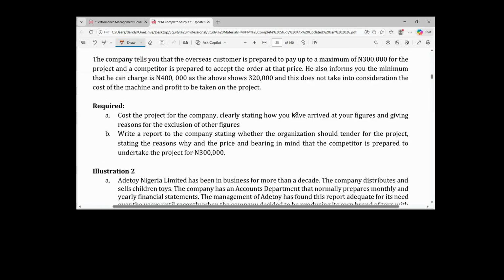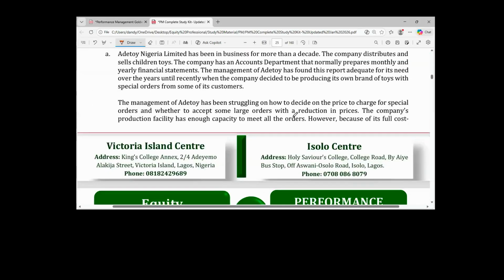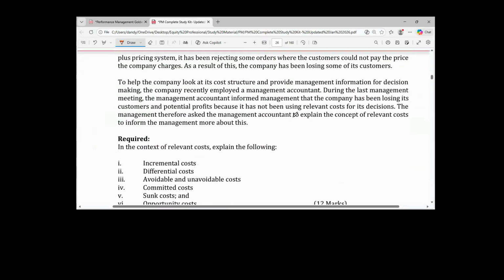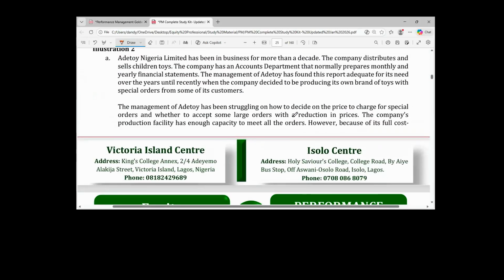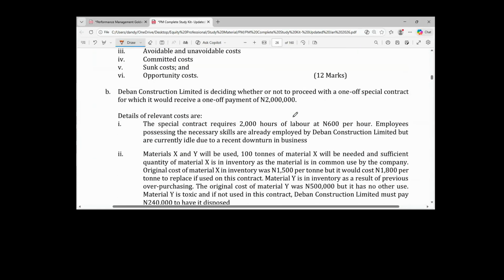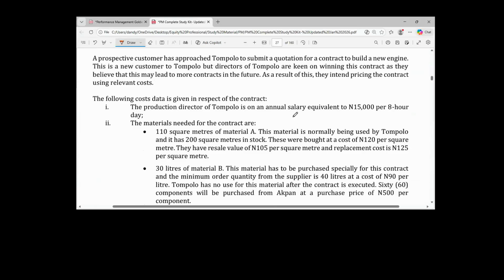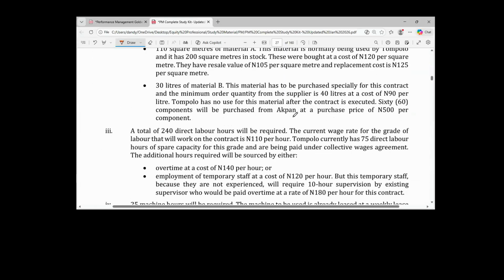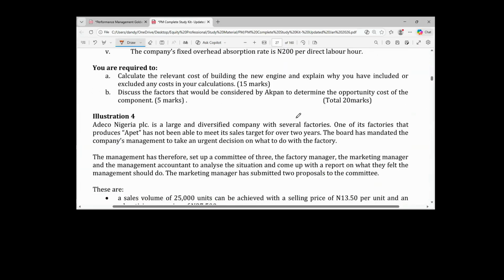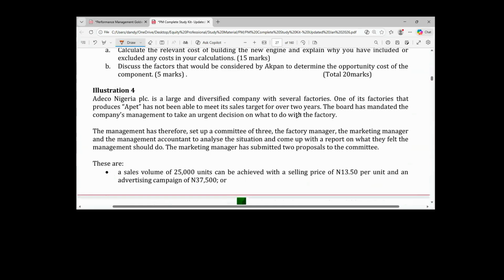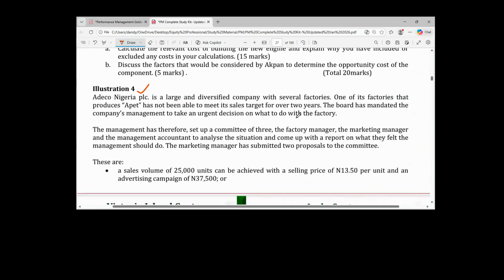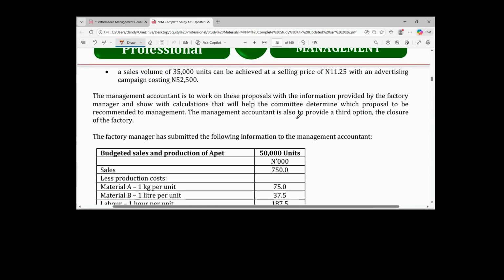In this question, you're asked to write a report, and because of that report, that's why I would love to solve it. Then, possibly we solve illustration number 4 as well. This illustration has been tested like twice by ICAN.